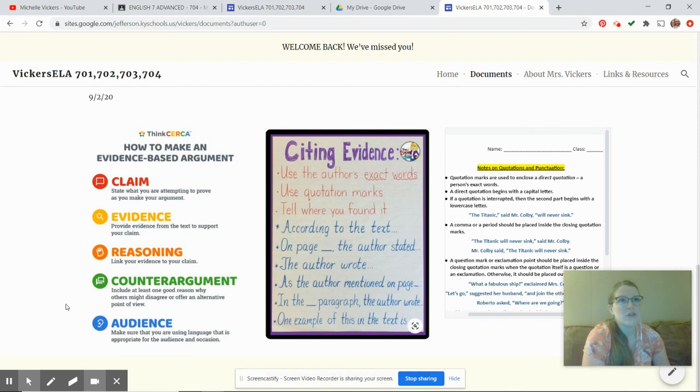But you don't want to write it to your friends, because your friends are going to be like, heck yeah, I don't want to follow a dress code. Some people do because they don't like worrying about what they're going to wear in the morning. But point being, you're not writing it to your classmates. Your classmates are not the ones that would have the power to make that change. The people who have the power to make that change would be the principal, Board of Education, maybe state government, something like that. So you want to think about who you're addressing and really target what you're saying towards them.